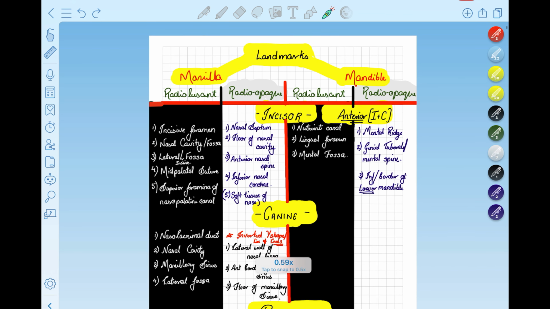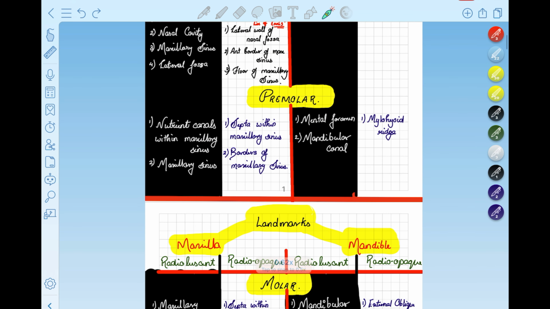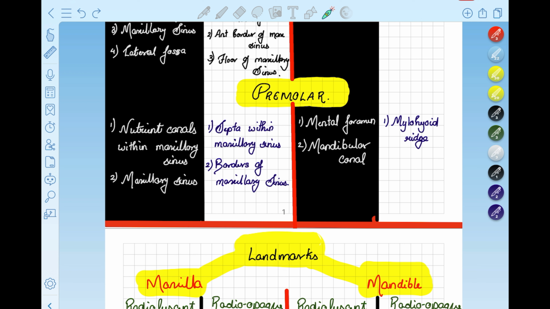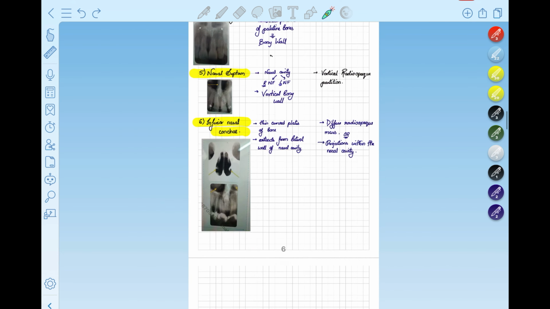These were the radiopaque structures seen in the anterior region, while in the premolar region the radiolucent structures are the mental foramen and the mandibular canal, and the radiopaque structure is the mylohyoid ridge. As the name suggests, ridge means bony structure, so it will appear radiopaque. Canal means hollow structure, so it will appear as the mandibular canal.